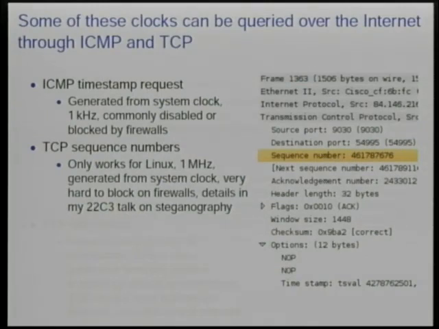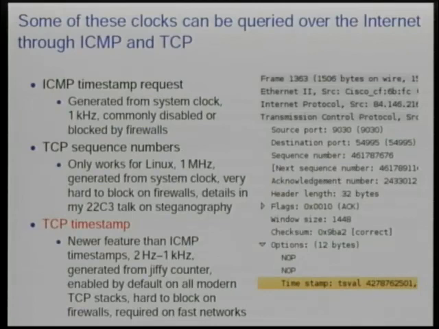So that's good because it's very fast and it allows you to estimate the time very accurately. But it's from the system clock, so it's NTP synchronized, which is a problem. But one thing on the good side is it's actually very hard to block on firewalls, because if you block initial sequence numbers, then nothing works. And if you want to know more about this, there's some more information in my previous talk. The slides are on my website.